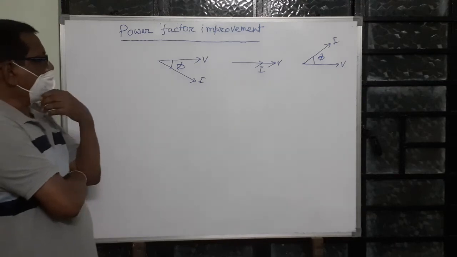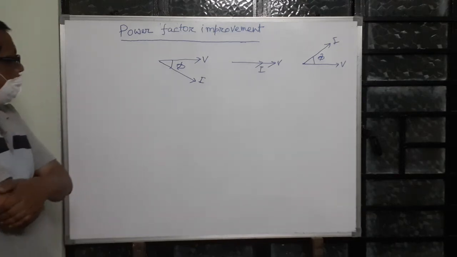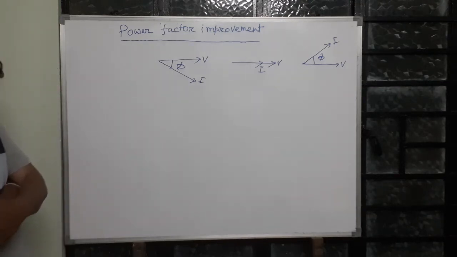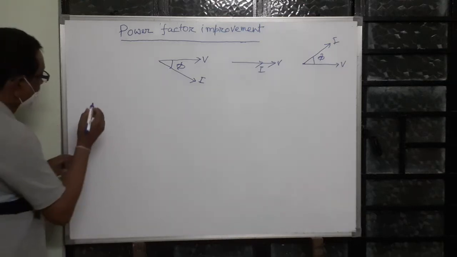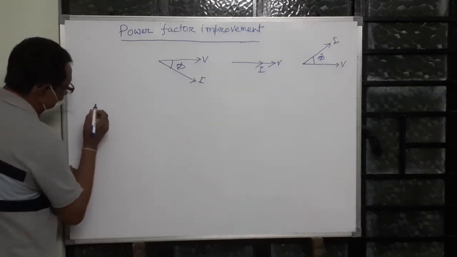So the load cannot be changed, but if the power factor is lagging, what will be the disadvantage of low power factor? Next point is the disadvantage of low power factor.